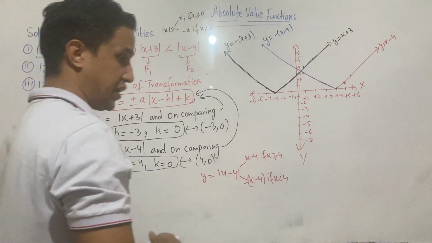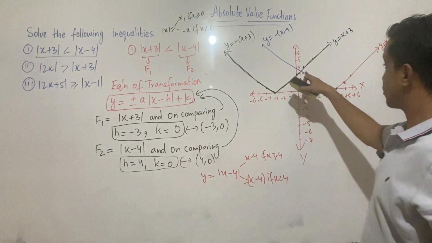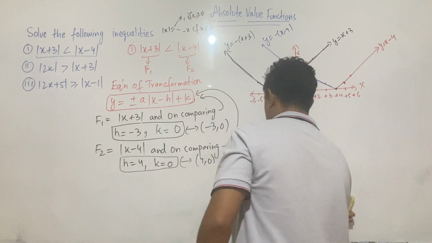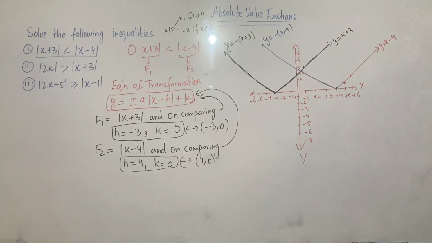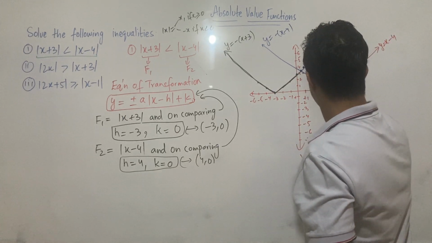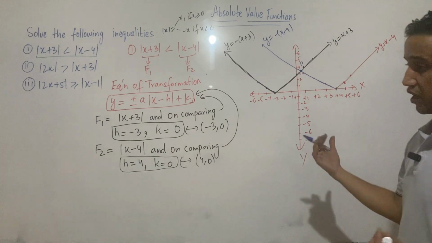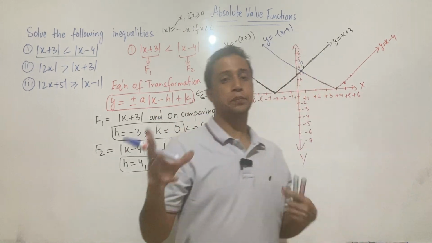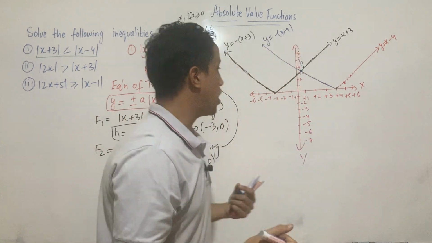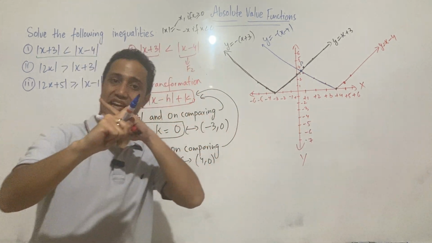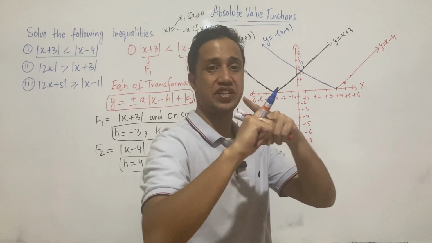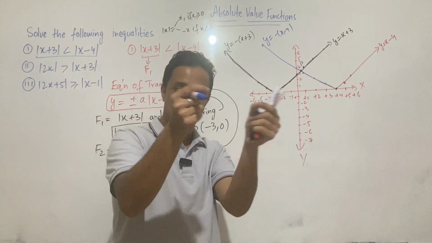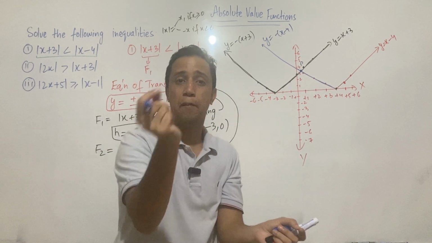Now, the interesting point here is that these two lines are meeting at this point, right? So we must know the coordinates of this point. Let's say this point is P. We still haven't started the straight lines topic, but when two lines meet at a certain point, it means at that point the value of y of both lines becomes the same, or you can equate both the lines.